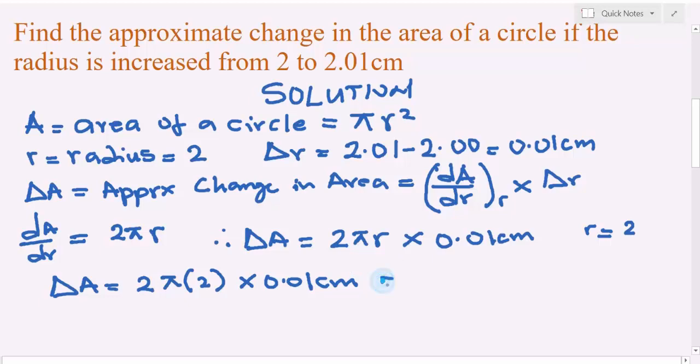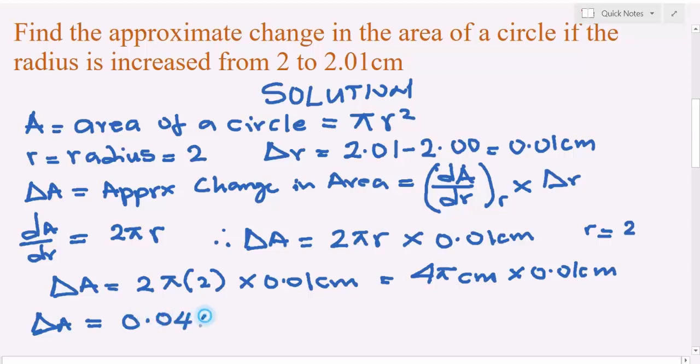So this will give us 4 pi centimeter times 0.01 centimeter. So our approximate change in the area delta A will give us 0.04 pi centimeter squared. This is our answer.